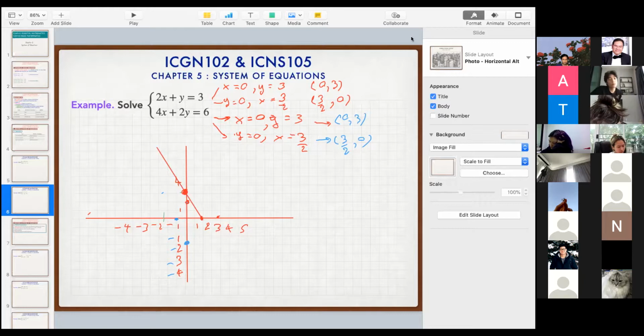Okay, that's correct already, I'm sorry, I just put the wrong side. The next one in blue color, the first point is (0, 3) as well, it's here. The second point is (3 over 2, 0) in here.